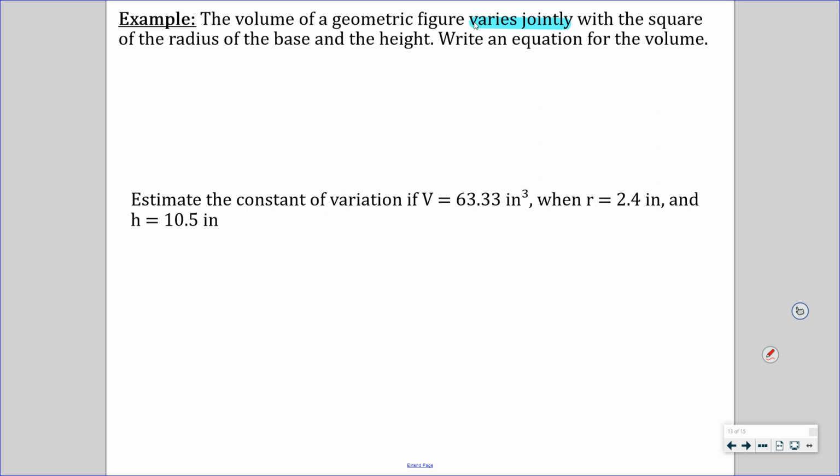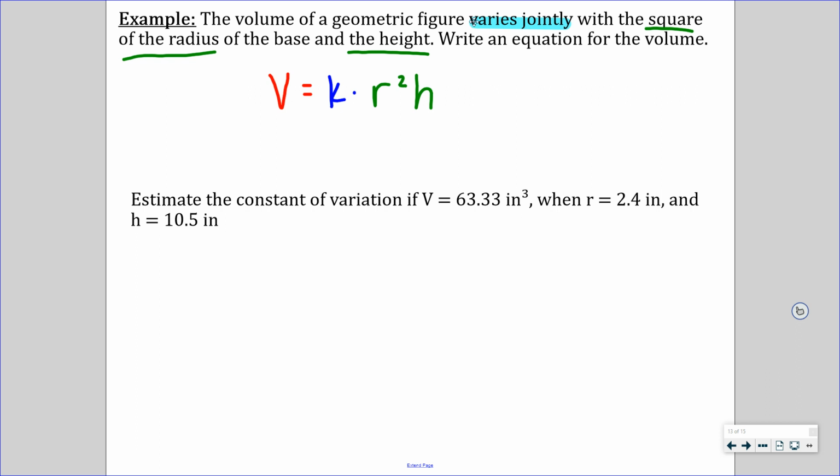All right, so the volume, I'm just going to use a capital V. Varies jointly, that means I have some constant times other variables. Jointly means a bunch of direct variations. R times R squared times H. Good. So with the square of the radius, we said times R squared, I would have used R for radius of the base, and times H, the height.